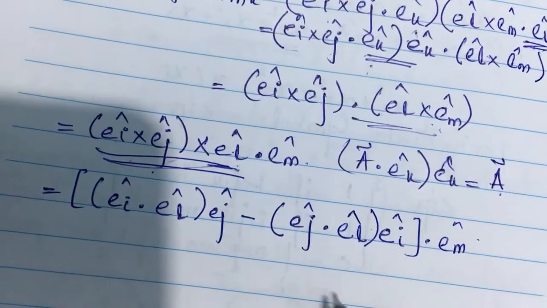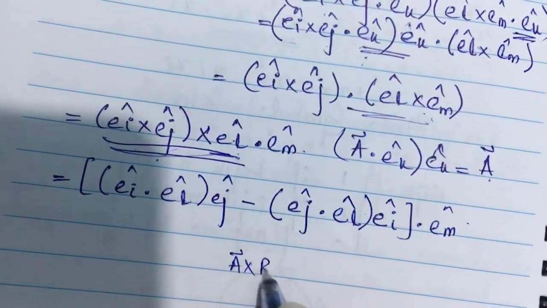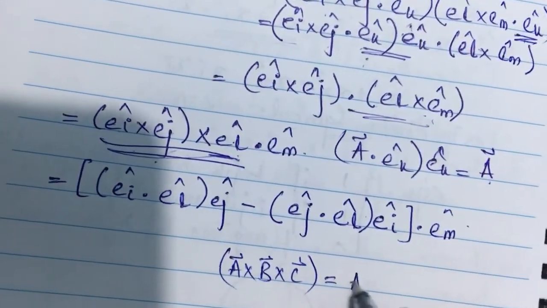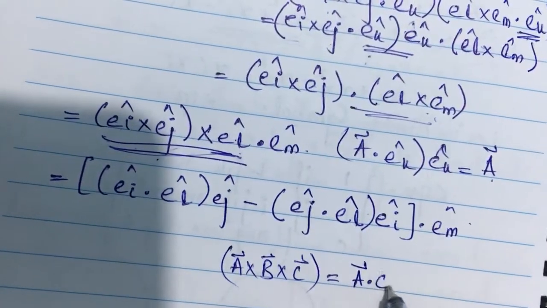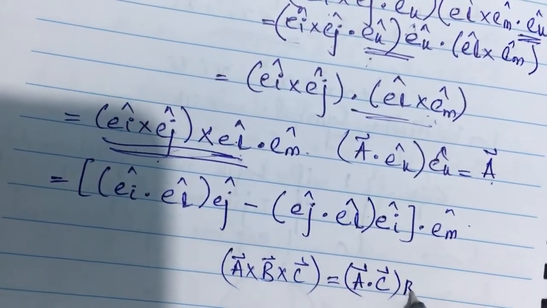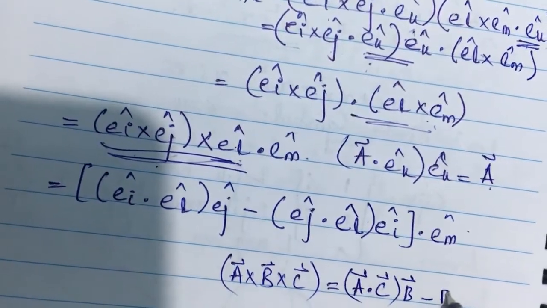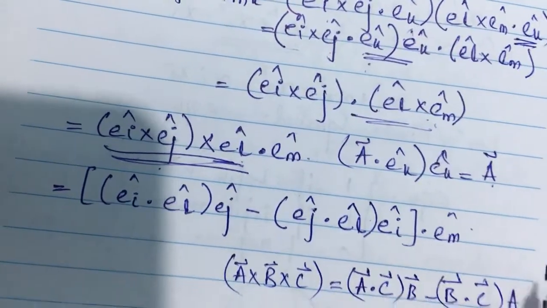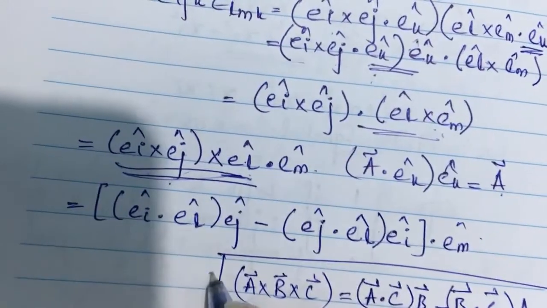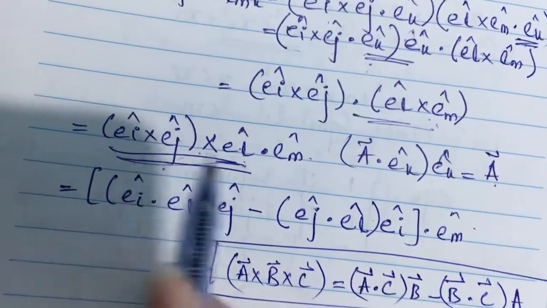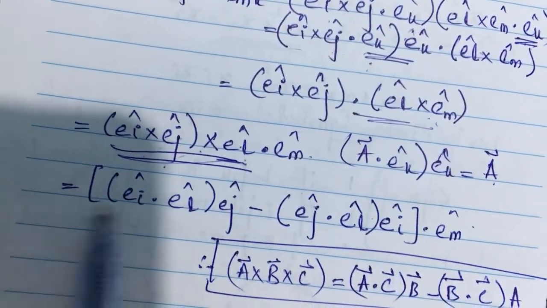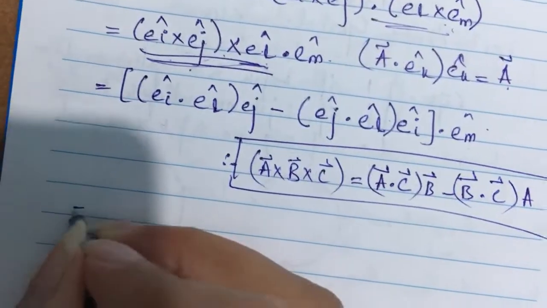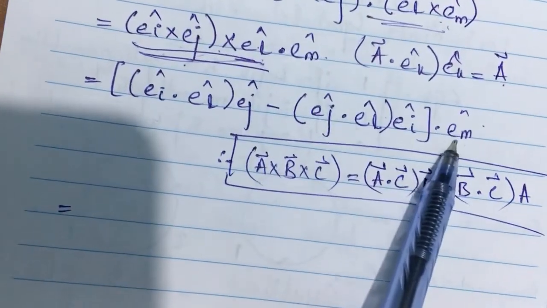That means if I have the result A cross B cross C, that is equal to (A dot C) into B minus (B dot C) into A. So using this result here, I expand this term like this, and this is multiplied with the dot product of e_m. Now in the next step, I am multiplying this with this term.